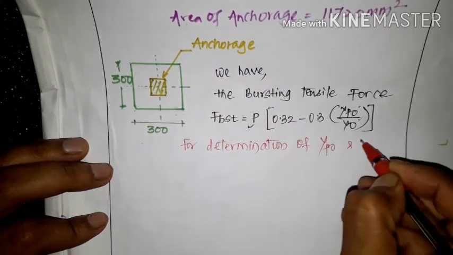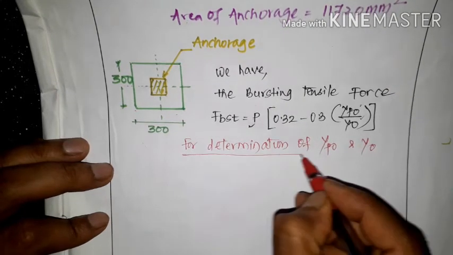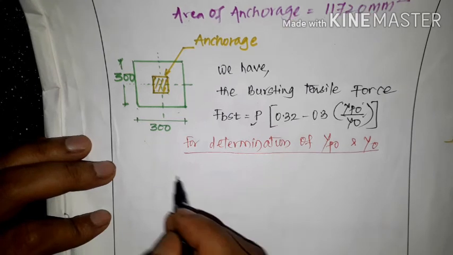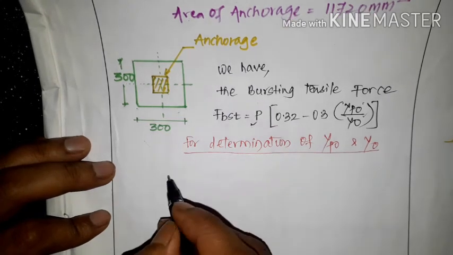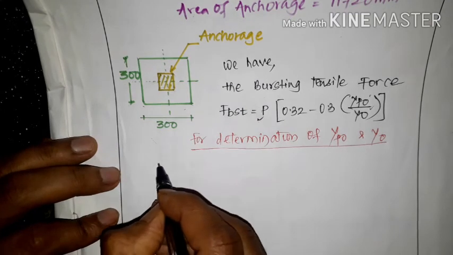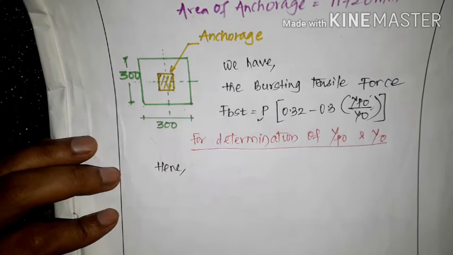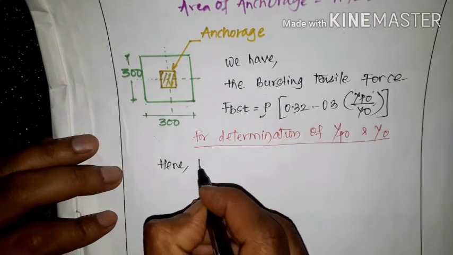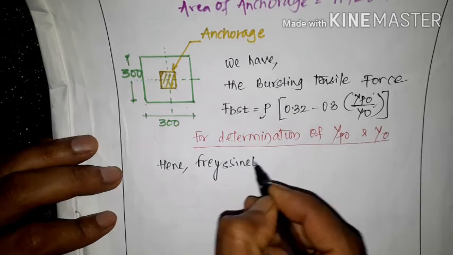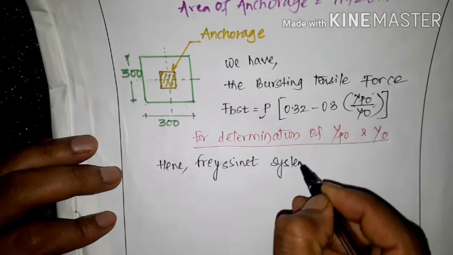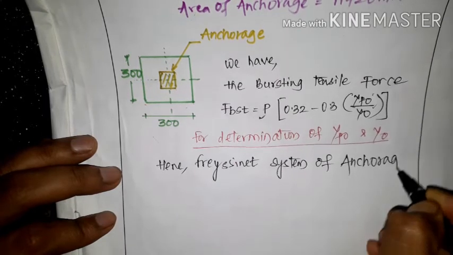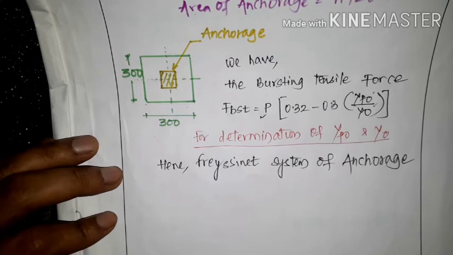So next, for the determination of yp naught and y naught, the anchorage system is given as the Freycinet system of anchorage.